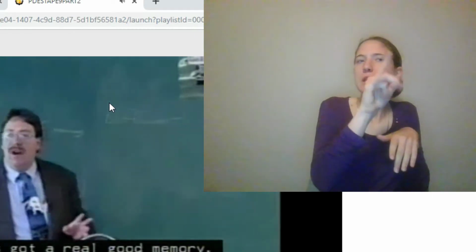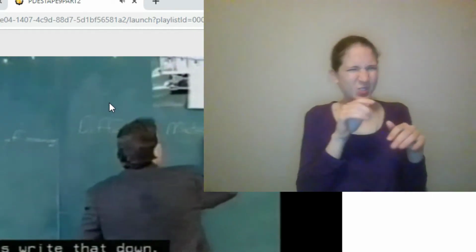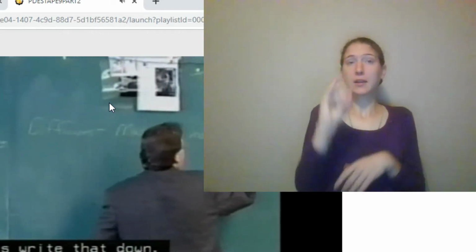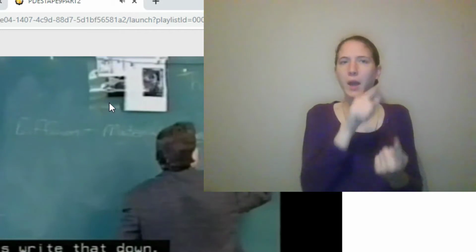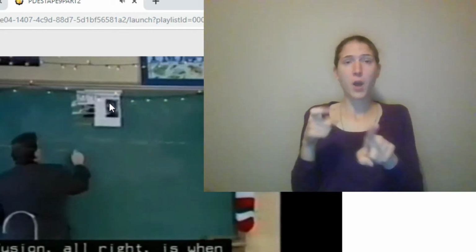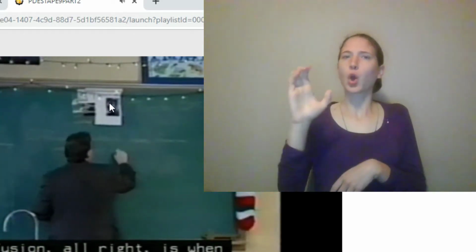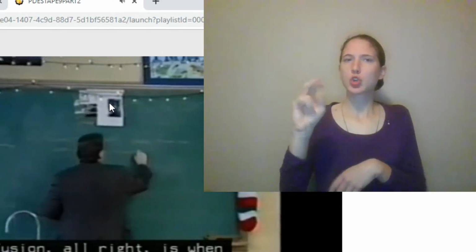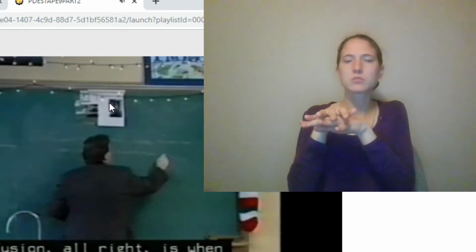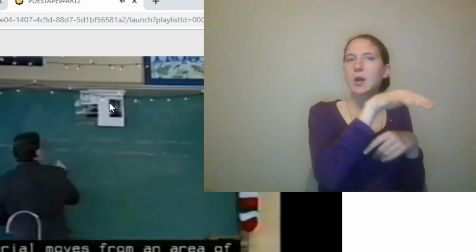Diffusion is when material moves from an area of high concentration to low concentration.